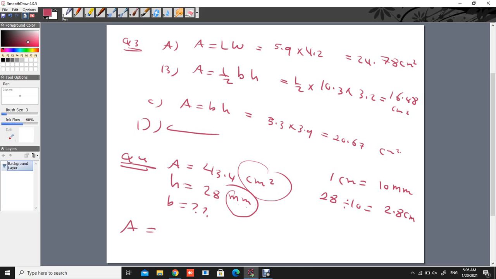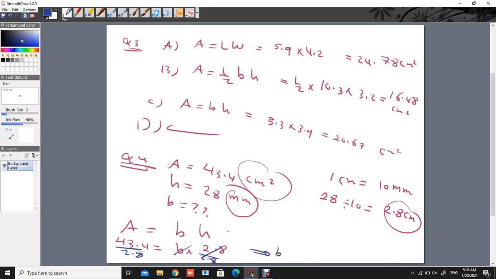Now the area equals base times height. So here the area is 43.4 centimeter squared. The base is unknown times the height. The height, substitute 2.8 centimeter. Now you need to divide both sides by 2.8. This is cancelled.